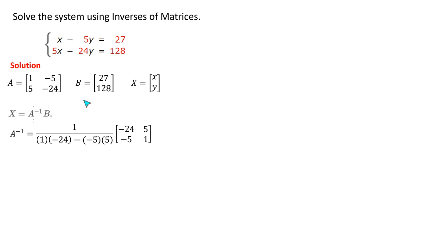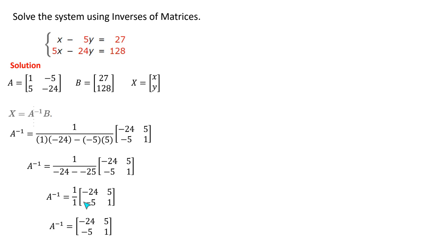So negative 5 becomes 5 and 5 becomes negative 5. If we simplify, we get negative 24 minus negative 25. And then we simplify again. Negative negative is positive. So that's going to be 1 divided by 1. And 1 times this matrix will be itself. So that is our inverse.